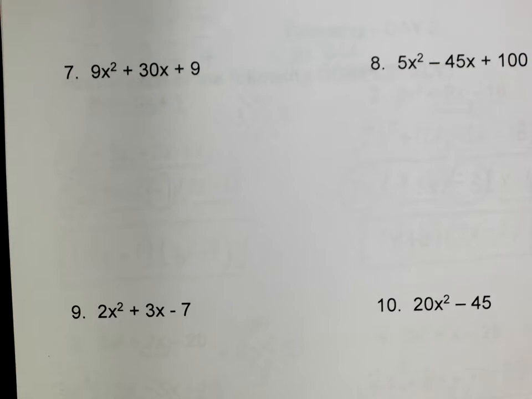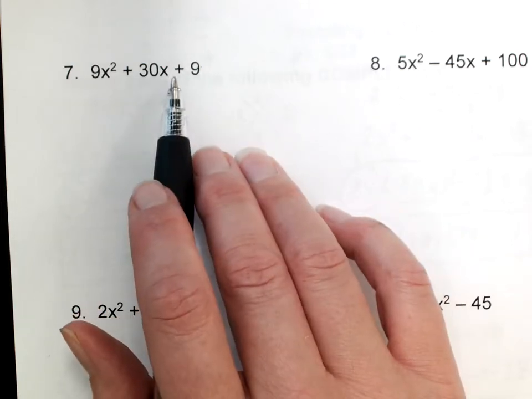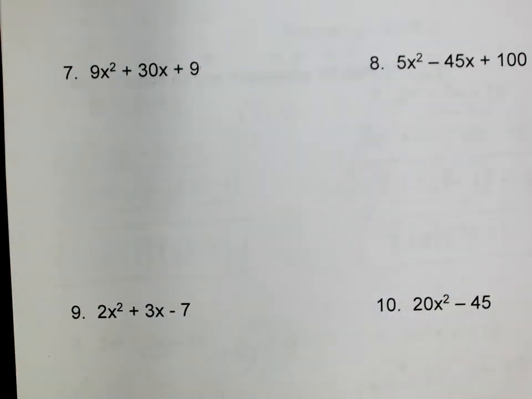Okay? You could go ahead and try to do this. 9 times 9 is 81. What multiplies to be 81 and adds to be 30? There is something like 27 and 3. But the thing is, there's actually an easier way if you pay attention and take out your greatest common factor first.